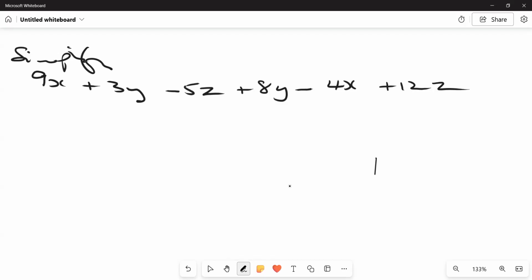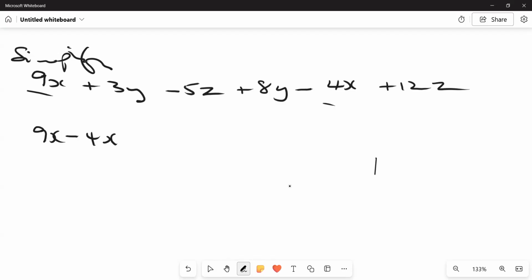As I said, you arrange the like terms together if you want. 9x, you bring the minus 4x here. No change of sign because there's no equal sign; you're not moving anything over an equal sign. You're just rearranging the order, bringing them closer.